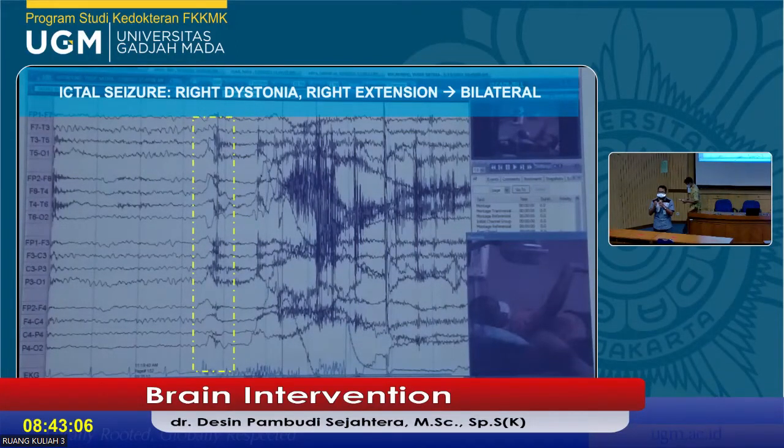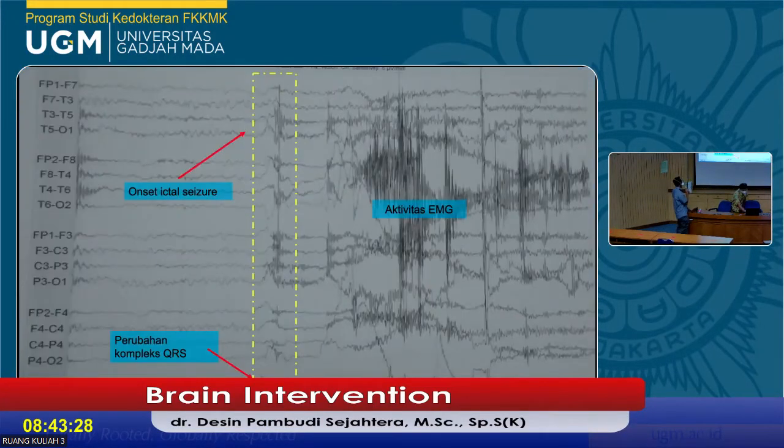So the challenge in reading the result of the EEG recording is how to determine whether it is artifact or true brain activity. This one is the onset of ictal and activity as EMG. Next.